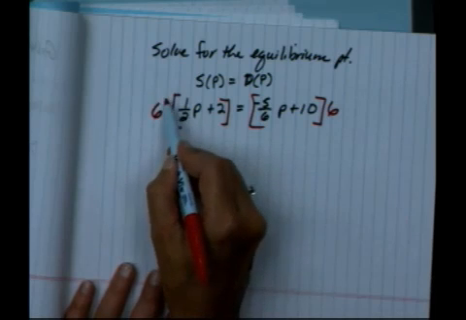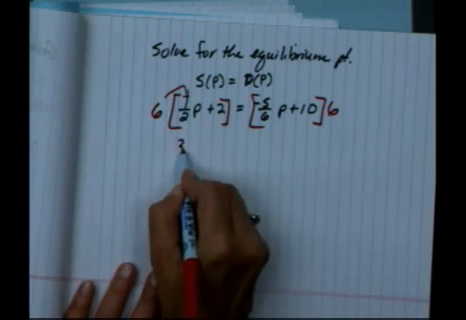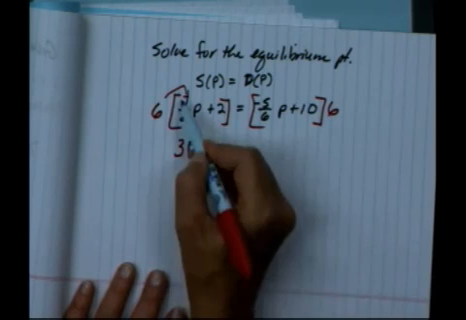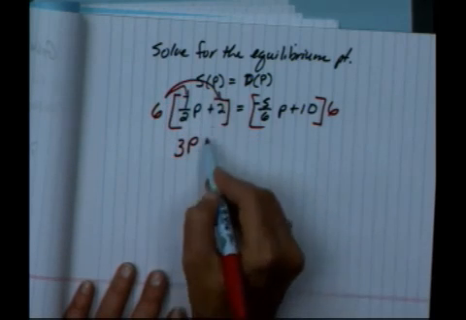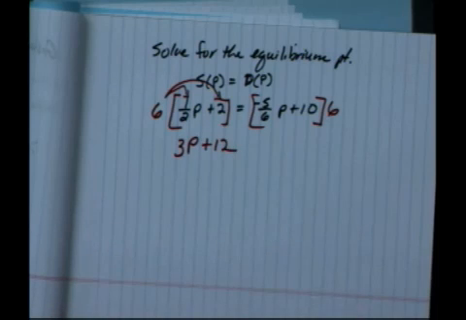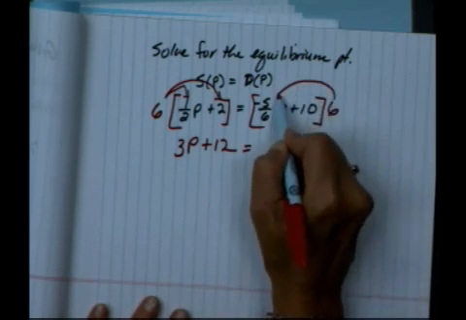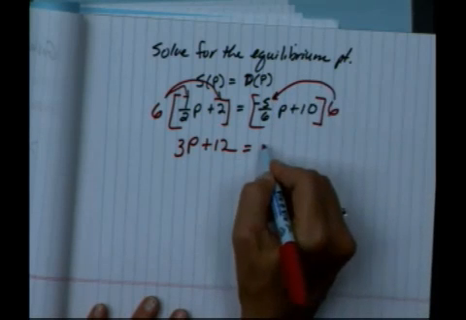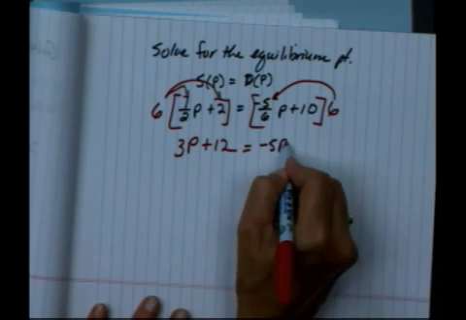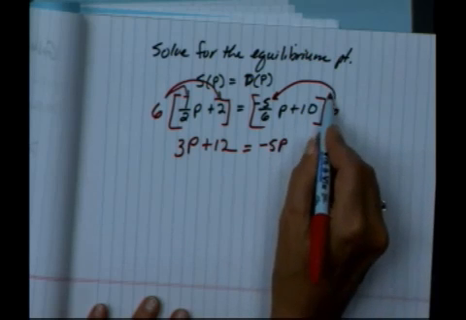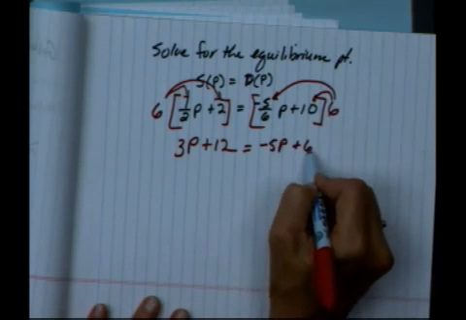So 6 times 1/2 is 3, so we got 3p. And 6 times 2 is 12. Equals 6 times negative 5/6p is what? Negative 5p. And then 6 times 10 is 60.